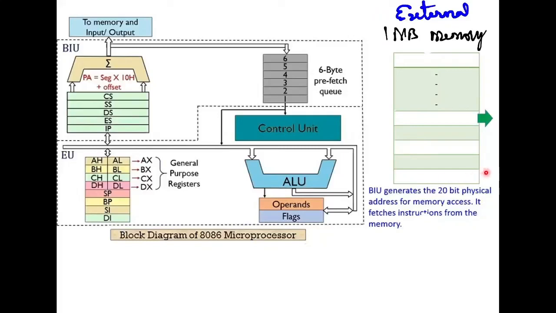As we already discussed in the last class, if the memory size is 1 MB, then the number of wires would be 20. For each and every memory location, one address will be there, and each address consists of 20 bits, right? We'll see how BIU is going to generate the 20-bit physical address, but before that we need to see this external 1 MB memory.